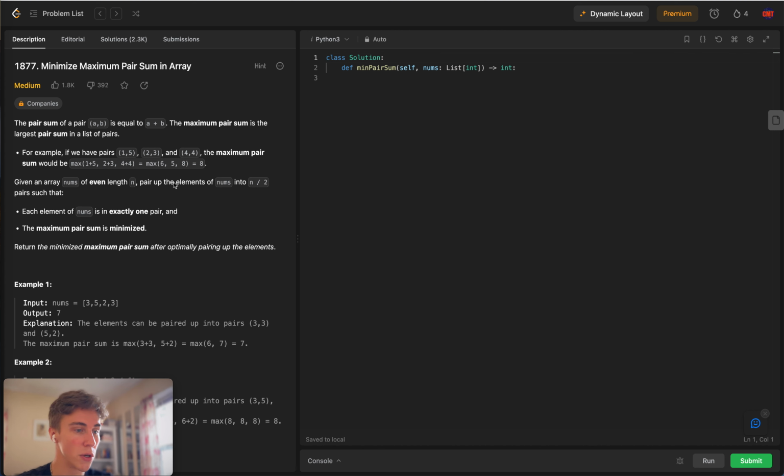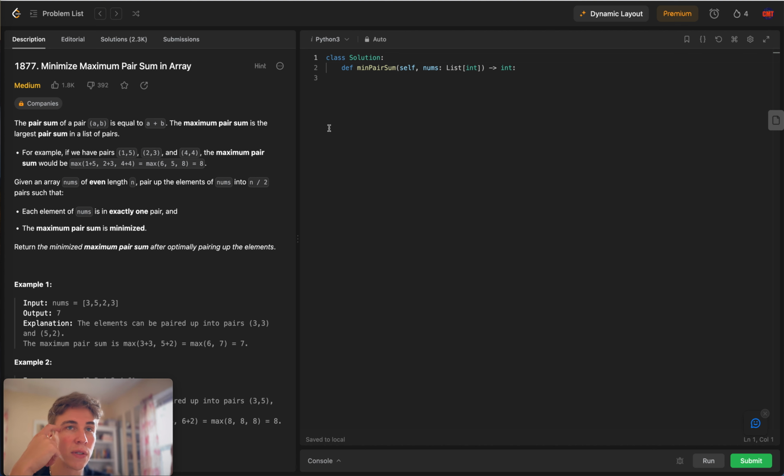Maximum pair sum is minimized. So if we are given a list of integers, the way to minimize the maximum pair sum, okay, interesting. We have to, on average, reduce the value of a pair as much as possible.